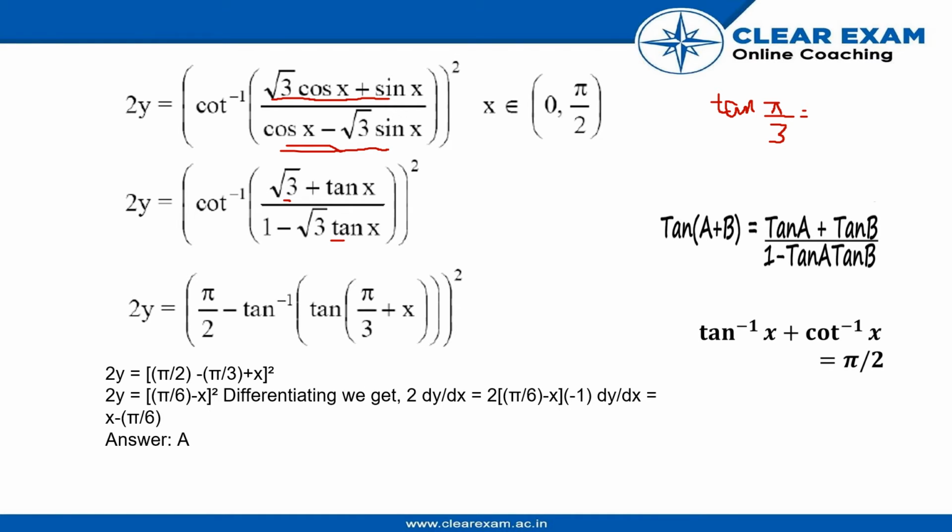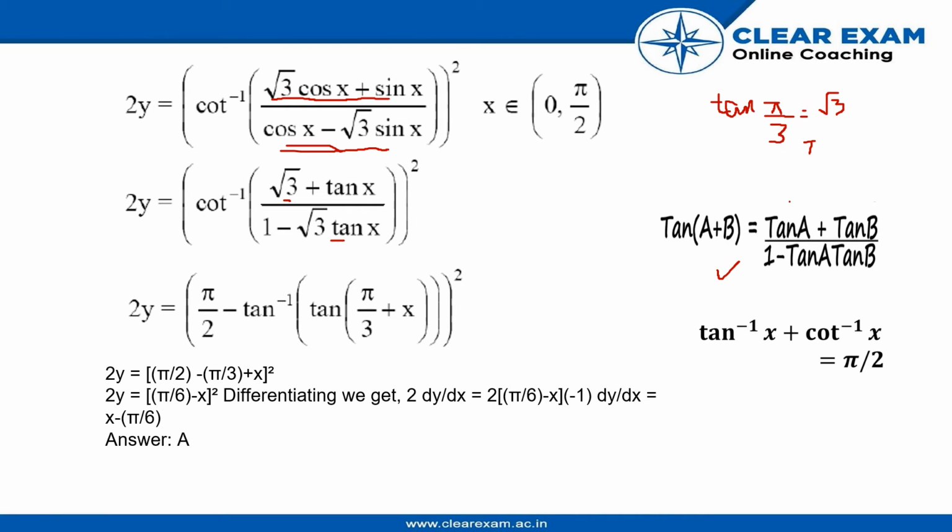which is root 3. So we can say we will put tan pi by 3 in place of root 3. We use the property tan(a plus b) equals (tan a plus tan b) upon (1 minus tan a tan b).